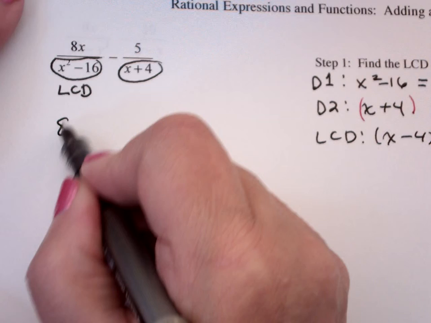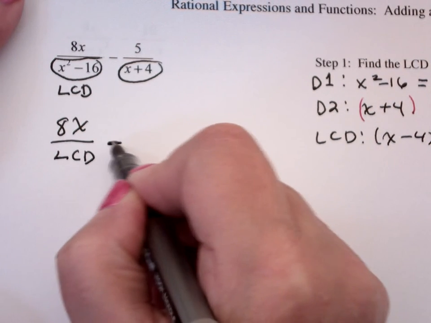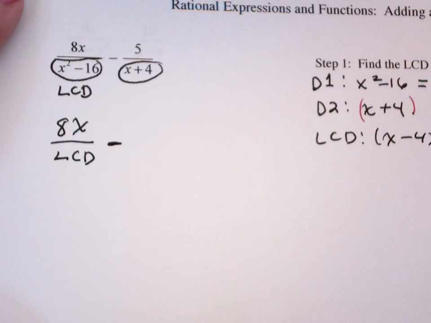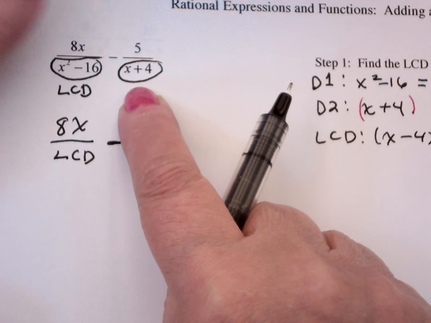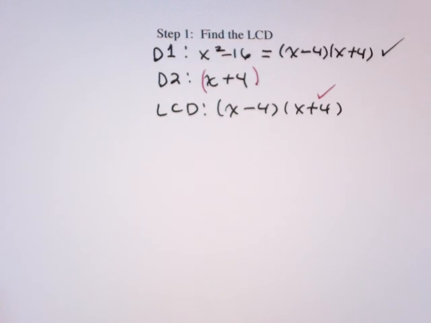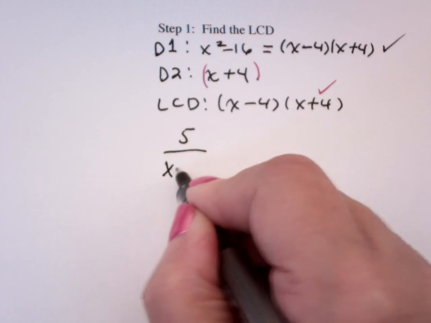So this is going to be 8x over the LCD, subtract. Now I need to put x plus 4 over the LCD, which is x squared minus 16. So I take 5 over x plus 4.